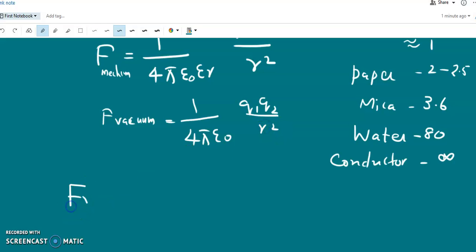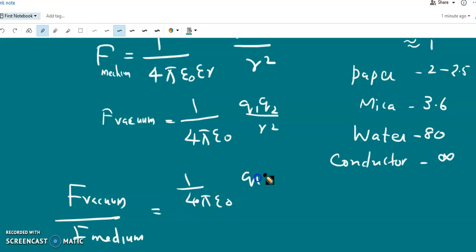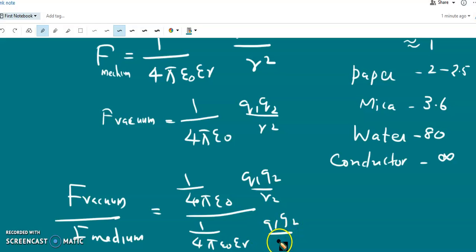So F vacuum divided by F medium is equal to 1 by 4 pi epsilon 0 q1 q2 by r square divided by 1 by 4 pi epsilon 0 epsilon r q1 q2 by r square.